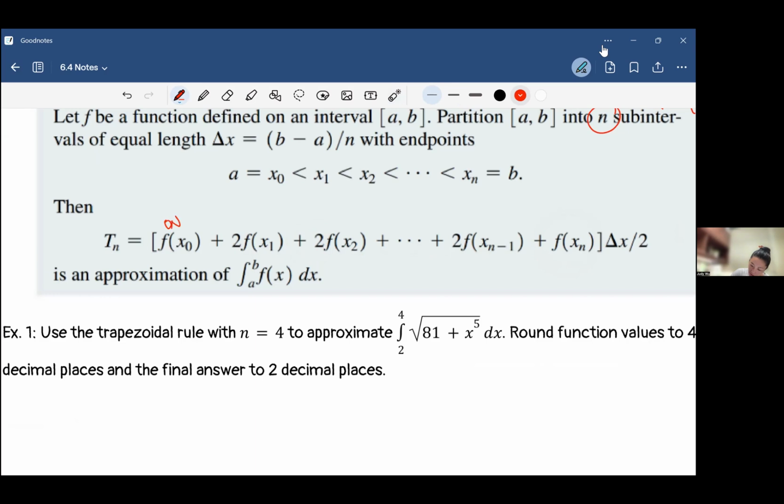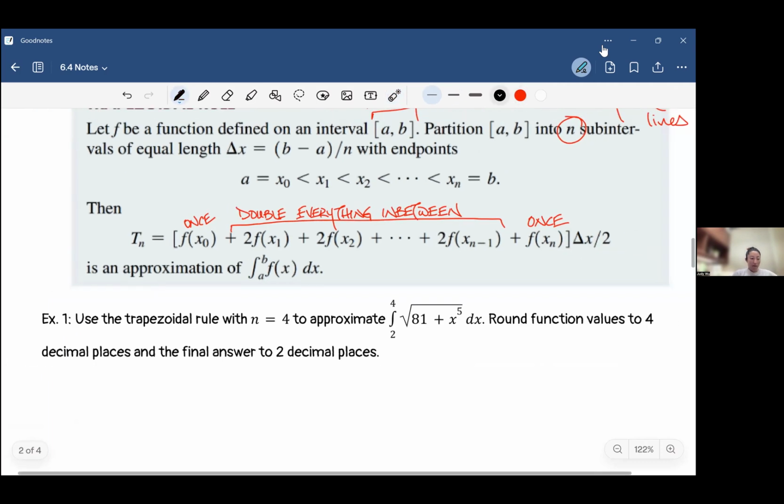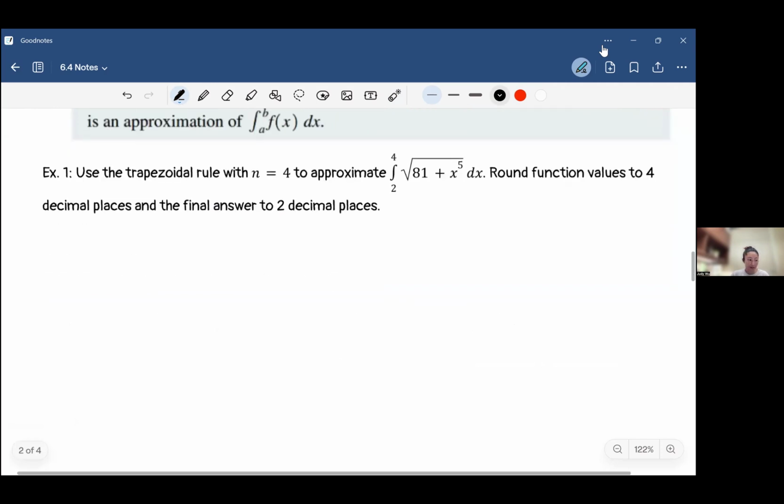So this one happens once, and the last one happens once, and everything else in between we double. Okay? Then we're going to multiply that with this delta x, and then we're going to divide by 2. Okay?